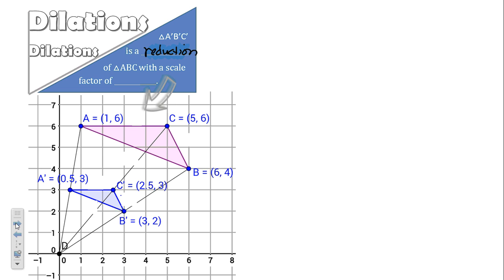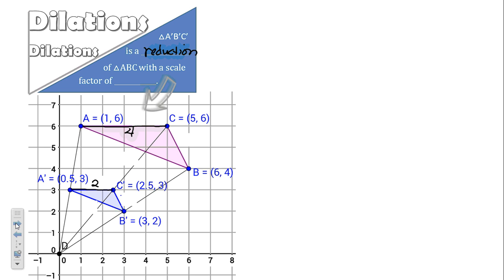The easiest way to find it out is to locate either a horizontal or a vertical line in one of your polygons. Do we have a horizontal or vertical line in our pink polygon? Horizontal. How long is that horizontal segment? That one's 4. Okay. Let's locate the corresponding segment in the other triangle. That one's 2. So if we have a reduction, okay, we reduced it, right?